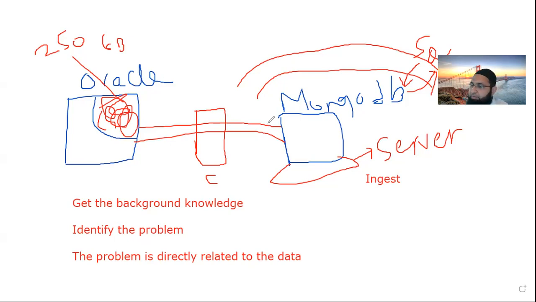Which language will you develop? MongoDB has nothing to do with that language. So, okay, a language that MongoDB understands and also Oracle understands. Oracle does not need to understand anything. I need something in between which takes data from Oracle.